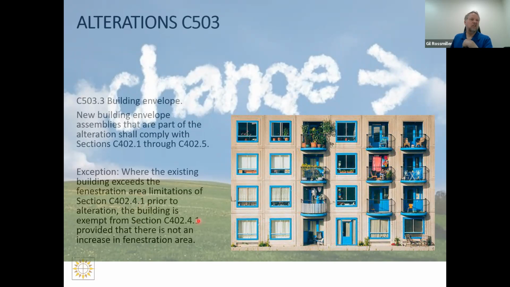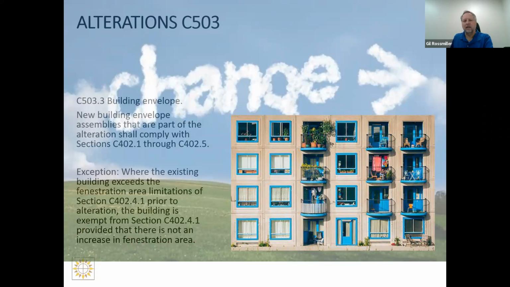Pretty sure that's the one that says you can't be more than 40%. So if the existing building has more fenestration than you're supposed to, and you're not adding any more, you're good. You don't have to worry about it. It says you're exempt from it.